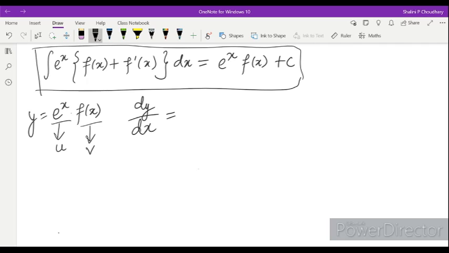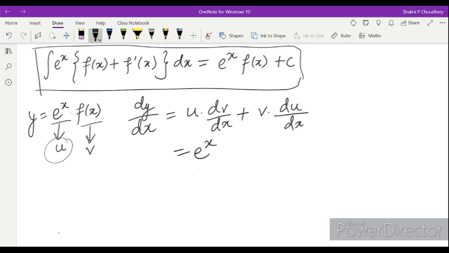So what formula were we applying? First of all, we'll keep u constant and find the derivative of v with respect to x, plus now we'll keep v constant and find the derivative of u with respect to x. So basically u is e to the power x, so here we'll write e to the power x.